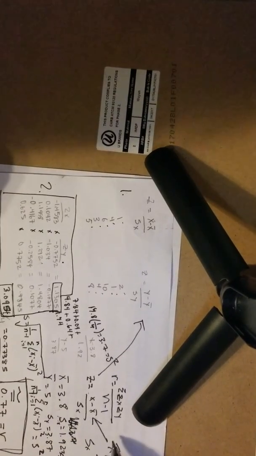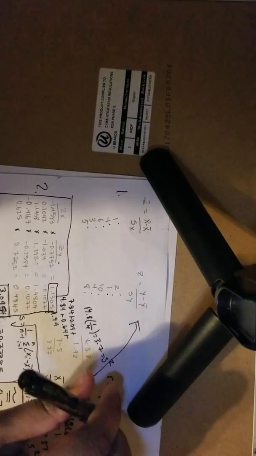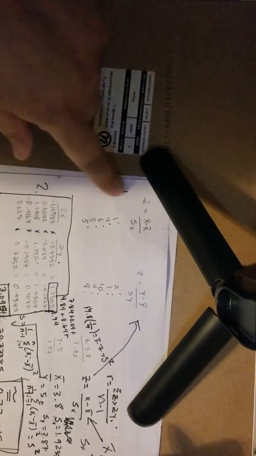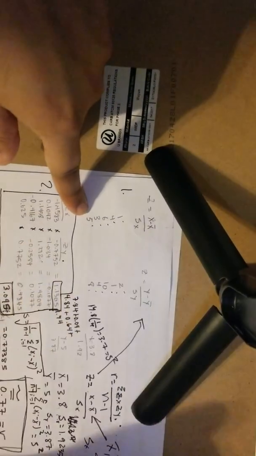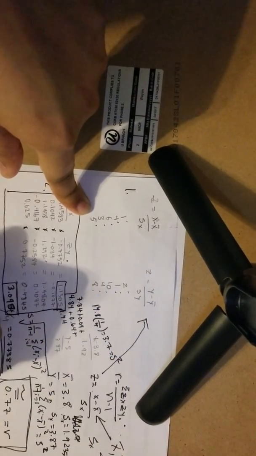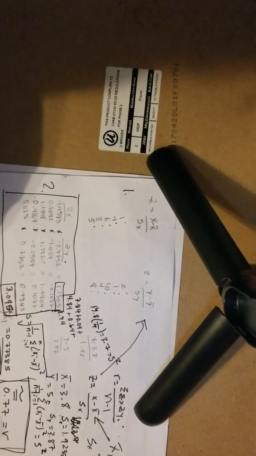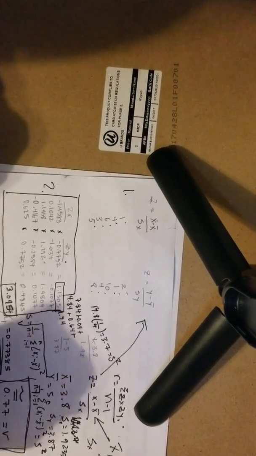And if we look back at our original formula up here, hopefully you guys can see it, all we have to do is divide this by n minus 1. So n is equal to 5, so n minus 1 is 4.